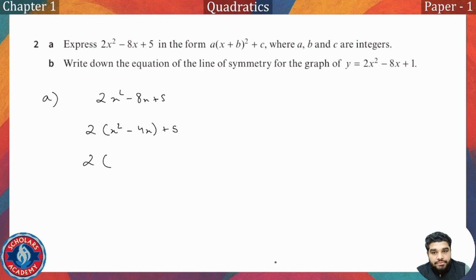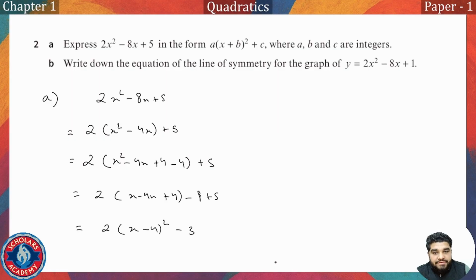So 2x square minus 4x plus 4 minus 4 plus 5. From here we get 2x minus 4x plus 4 minus 8 plus 5. So this gives us 2x minus 4 whole square minus 3.